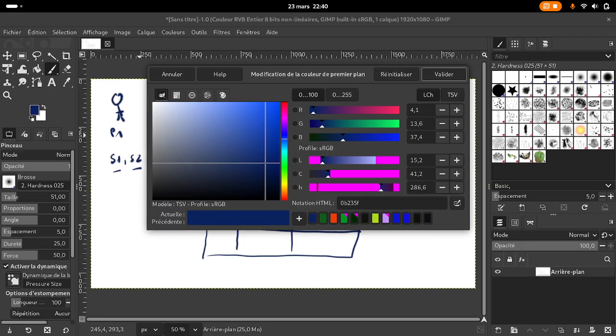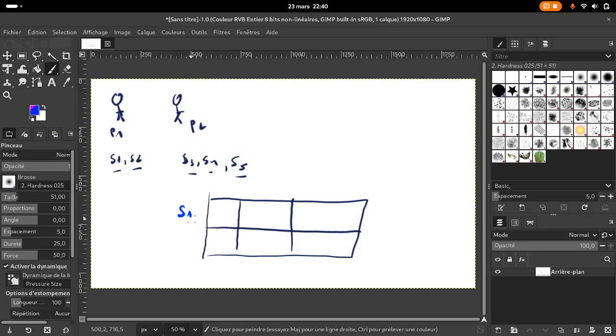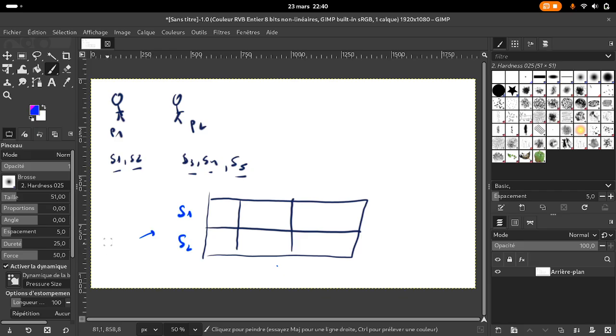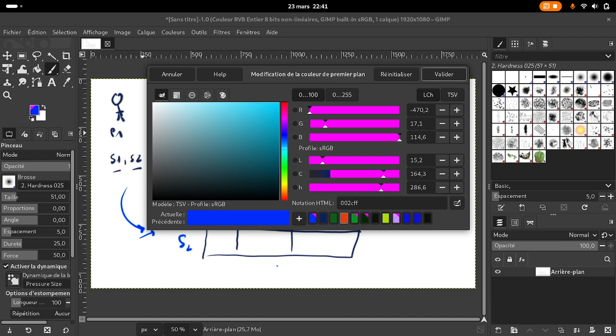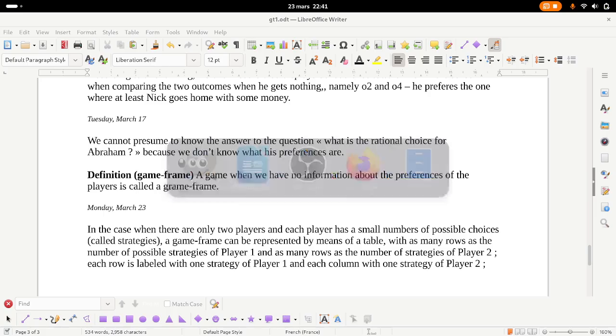So the first row we will label S1, second row S2 for player 1, and now for player 2 we have S3, S4, S5.